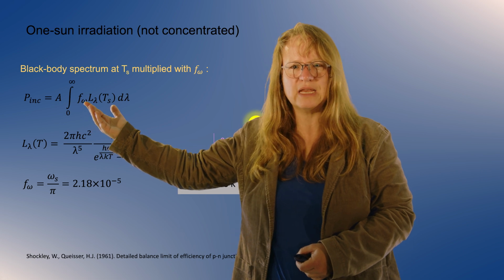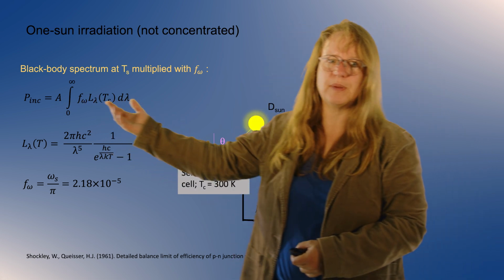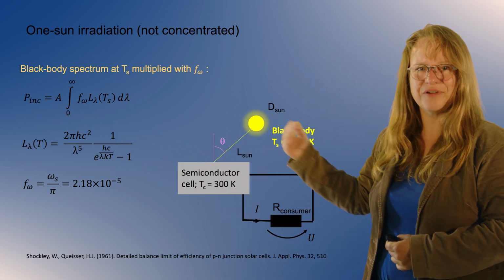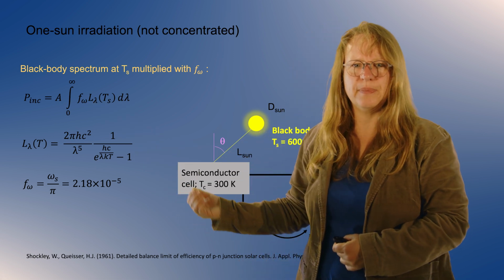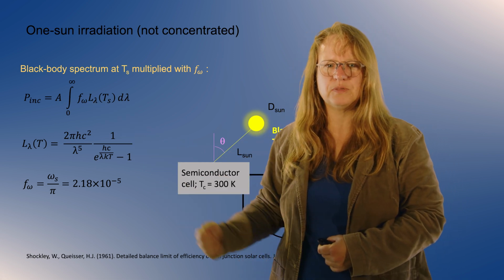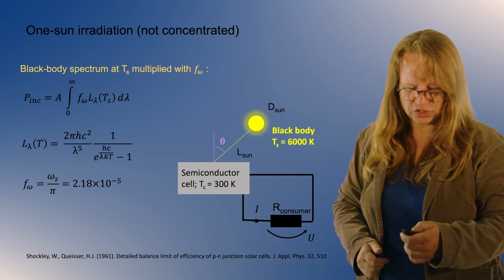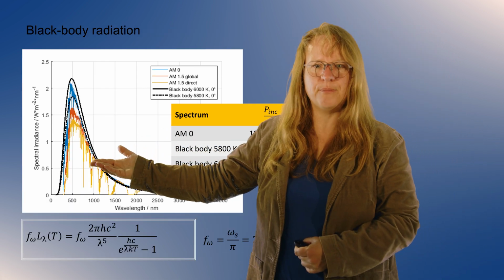So the spectral irradiance for radiation everywhere, compared to the spectral irradiance only at a certain part of the sky, is multiplied in here. If we now plot the spectral irradiance multiplied with this correction factor, then we get the spectra that are shown here as the black lines.